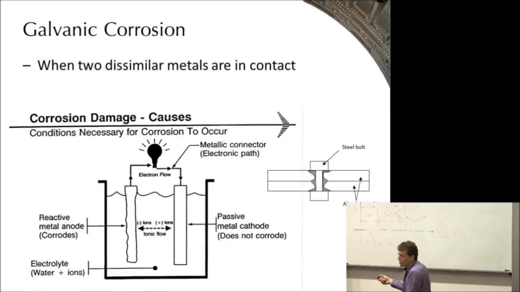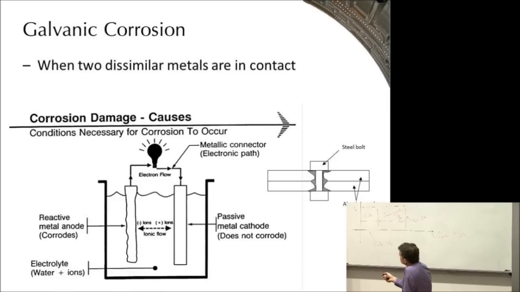So we need four things for this to happen. We need a cathode, an anode, some form of electrolyte for the ions to flow around in, and we need a path for electrons to flow. Now this happens nearly immediately.